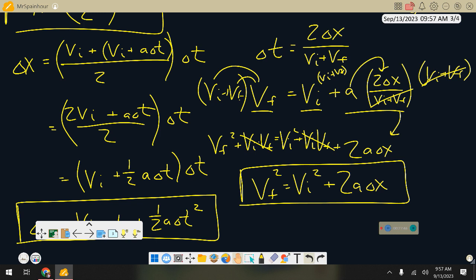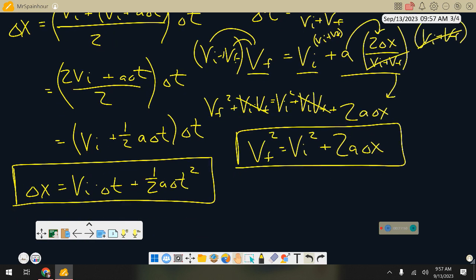In the lab, what did we say vi was? 0. Which if that was 0, this equation would become vf squared equals 2a delta x. And then if you wanted to solve for vf, to get it to the first power by itself, what would you do? You'd square both sides.